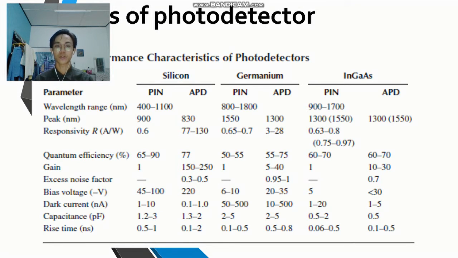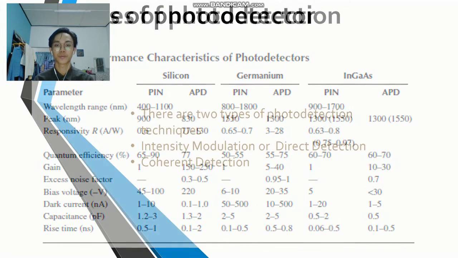But as you can see, the responsivity of the APD, or avalanche photodiode detector, is very high compared to PIN photodetectors, but at a cost. APD is much more expensive compared to PIN, and very complex to use.